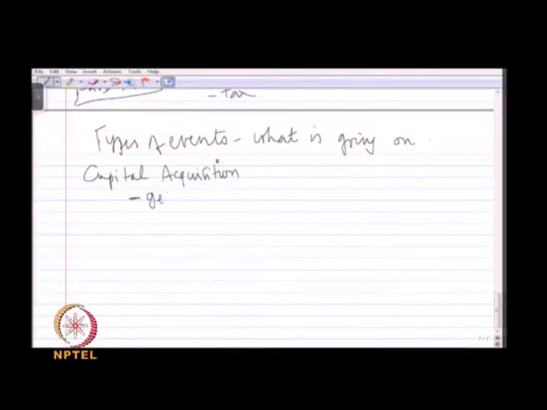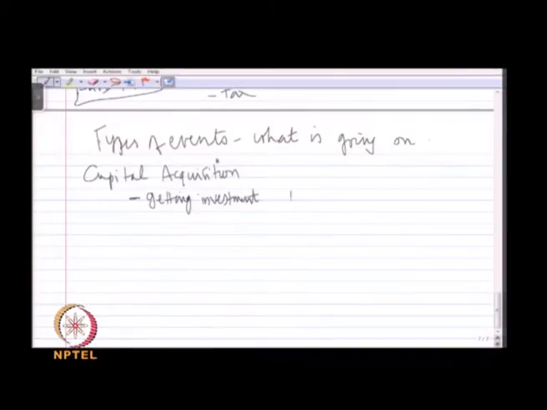Let us say the first thing is getting investment. Getting investments means raising capital. One form of getting investment is raising capital, which means you debit asset. Let us say you get cash, and it was from the owner, so the corresponding credit entry will be equity.